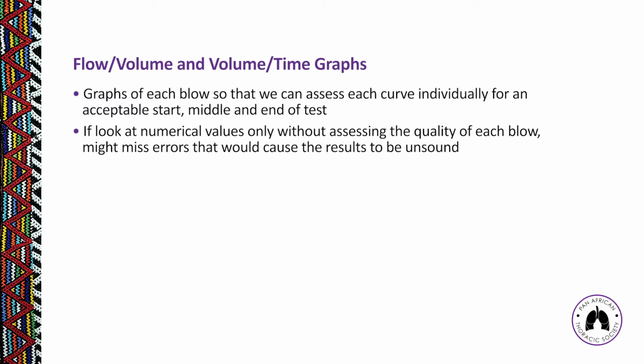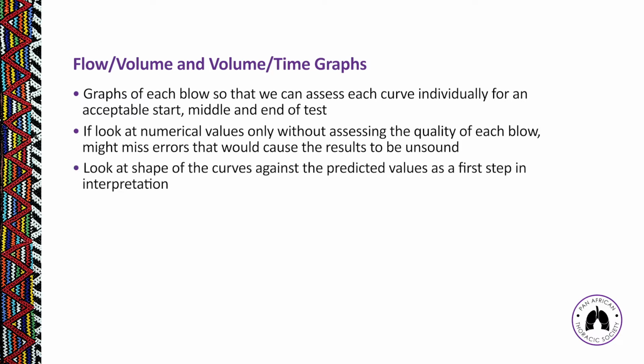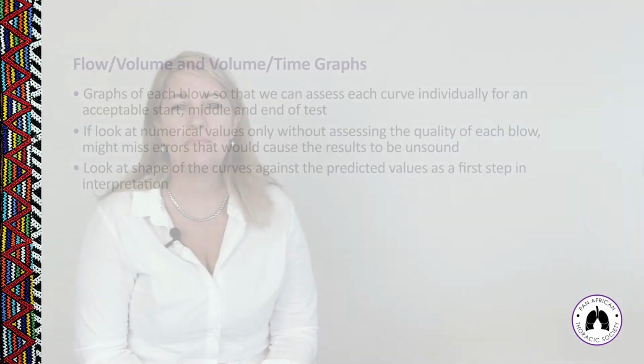So it's really important that we look at these graphs to assess the accuracy first before we try to interpret what we see. We also use these graphs to look at the shape of the curves against the predicted values and the lower level of normal as a first step in interpretation. Once we've looked at the graphs, then we can go on to looking at the numerical values to make an interpretation of the spirometry test result.